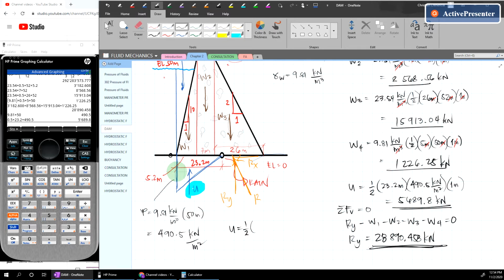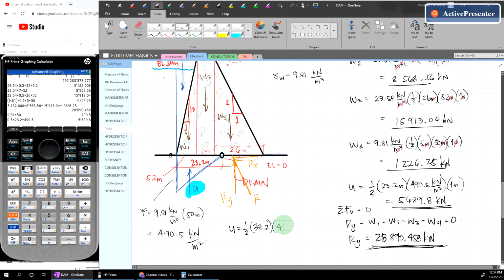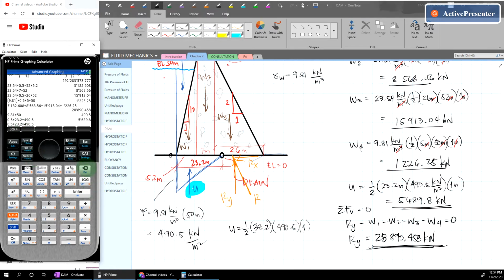Okay, so 38.2. So base is 38.2. Yung height ng triangle is yung 490.5, then times 1. So kung titignan natin to, so madadagdagan, magiging 38.2. So nakita natin yung difference ng nung walang drain doon sa may drain. So na-reduce natin significantly yung uplift force.